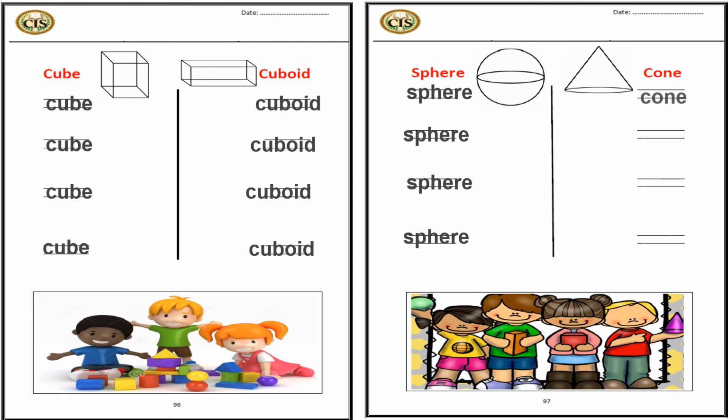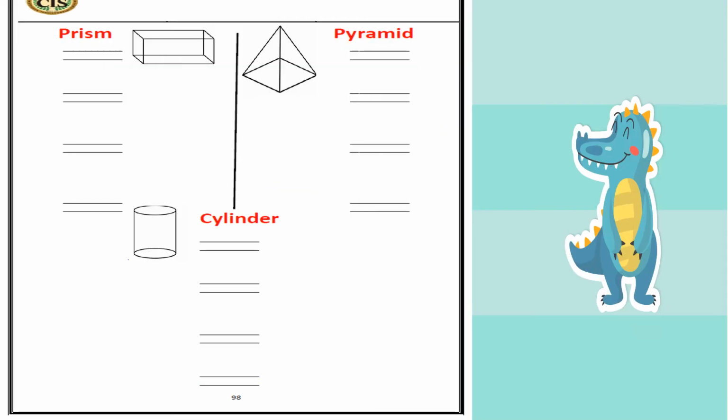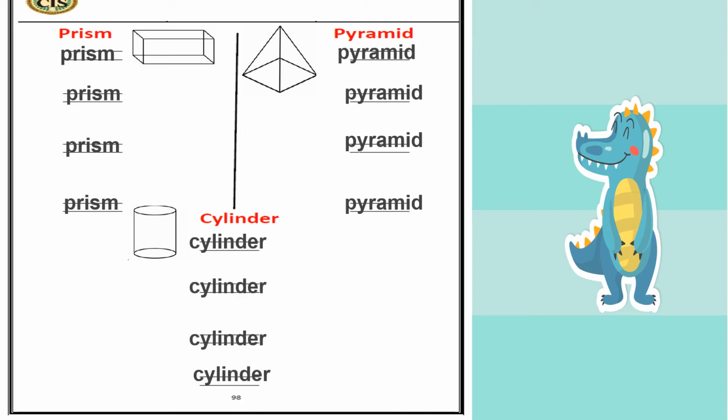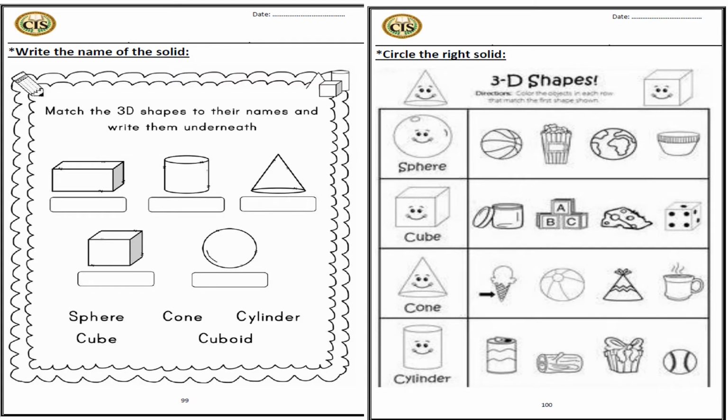C-O-N-E. How to write the word prism? P-R-I-S-M. And the word pyramid? P-Y-R-A-M-I-D. And cylinder? C-Y-L-I-N-D-E-R.